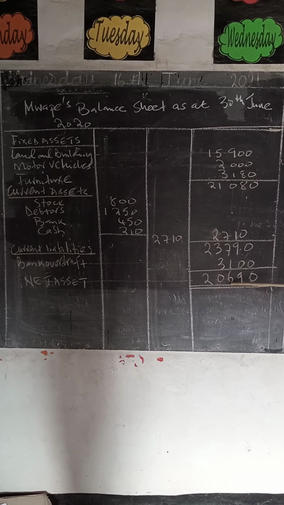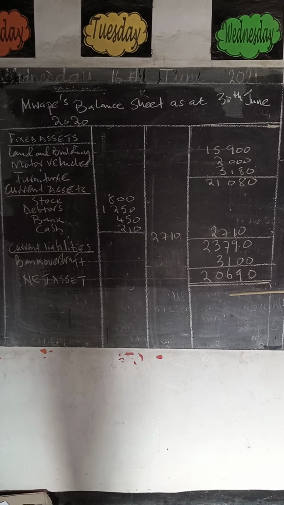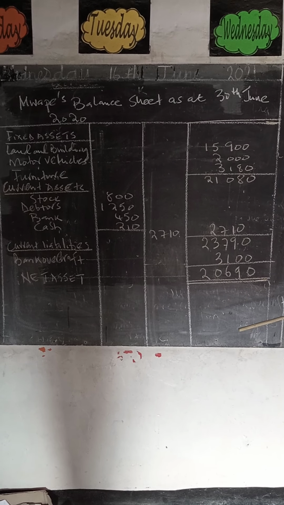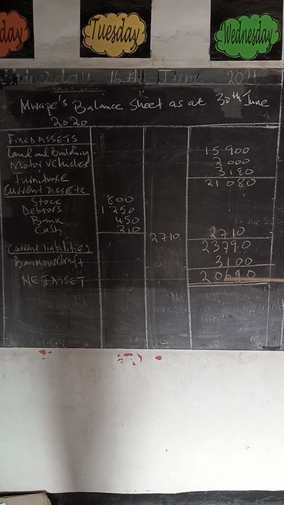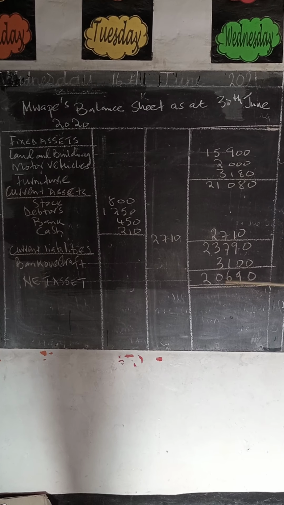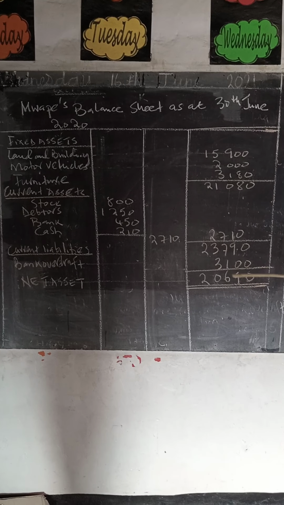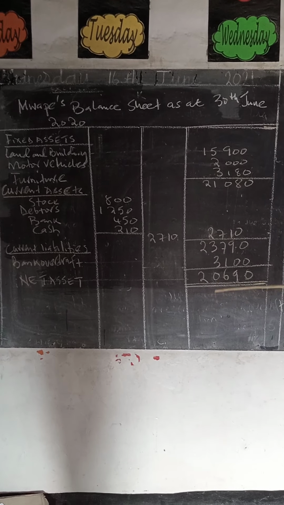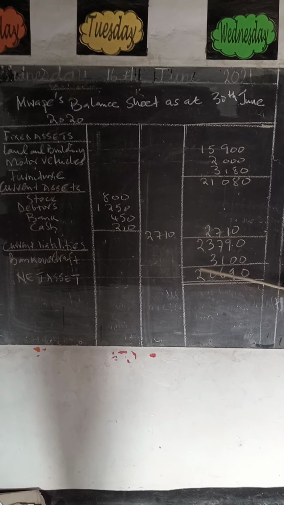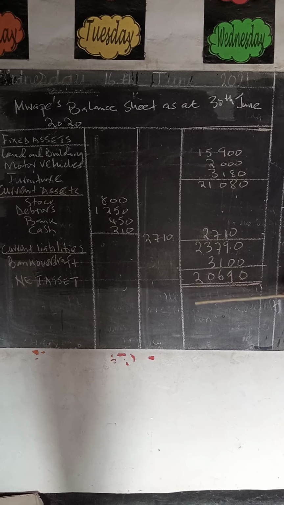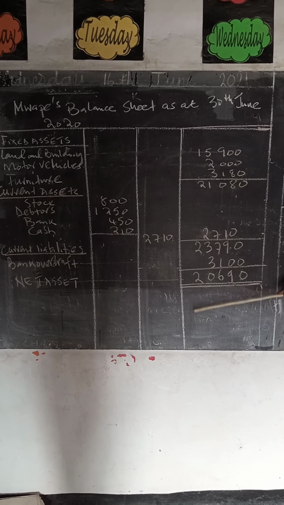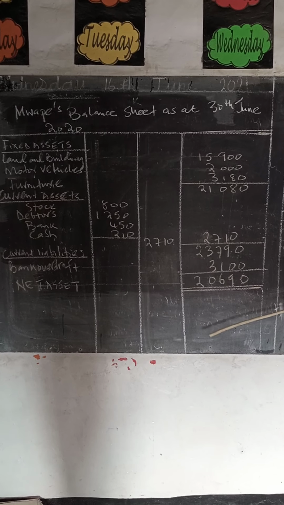That is how you are going to approach this balance sheet if the current assets are less than current liabilities. Then the last part, I want to show you the last part of the balance sheet where we have got financed by, how we end our balance sheet.